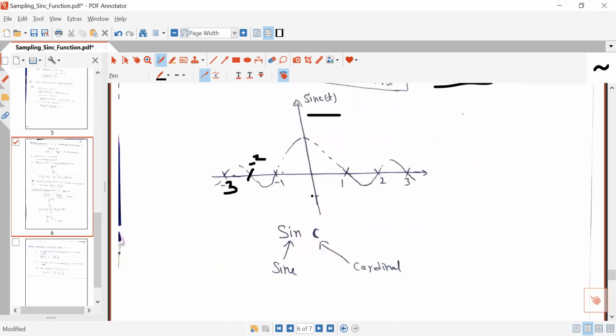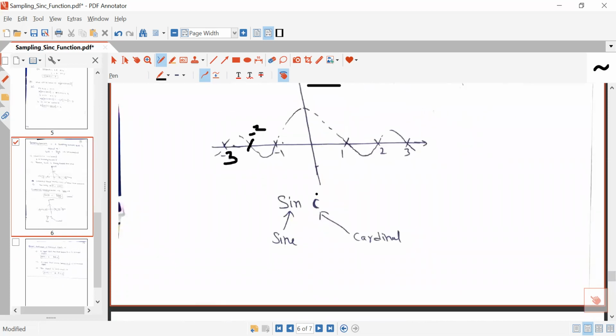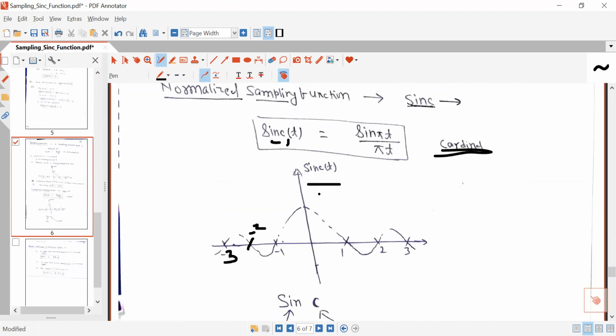You will read details about this signal in the Fourier transform, because this signal has wide application and plays a vital role there. So you must remember this expression.